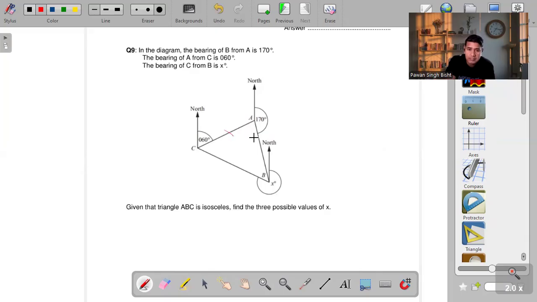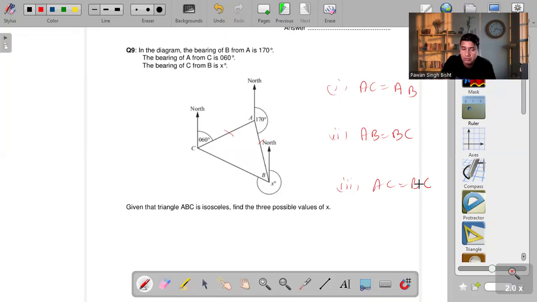First you take AC equals to AB, then you take AC equals to BC, then you take AB equals to BC. First condition you will take AC equals to AB, then you find the angle of x. Second condition you will take is AB equals to BC, and third condition you will take as AC equals to BC. When you do this like that, then you will find three different values of x from here.